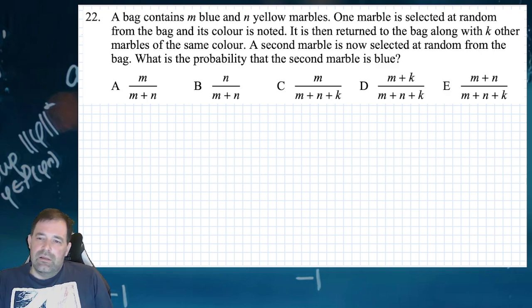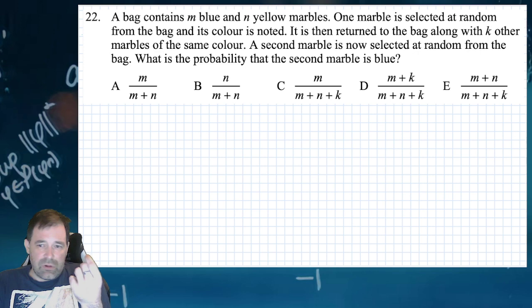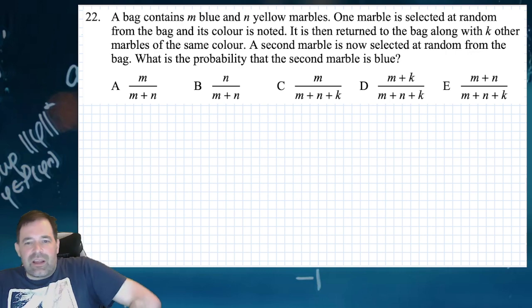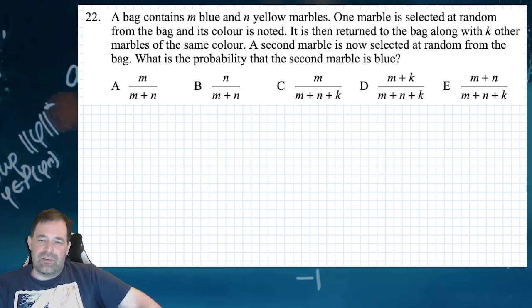Hang on a minute. So we're picking one out. We don't know what colour it is, and whatever colour it is, we're putting it back in along with more of that colour. So what's the probability the second marble is blue? Well, it depends what the first one is, doesn't it? If the first one is yellow, I think it's this, because there are m blue out of m blue, n yellow, and k yellow.